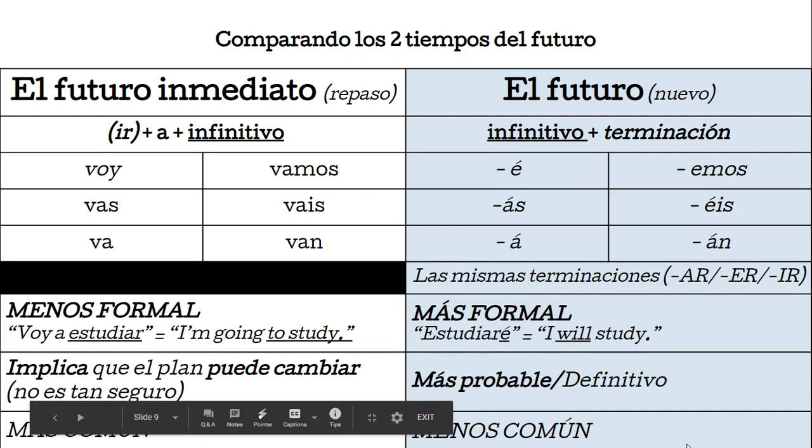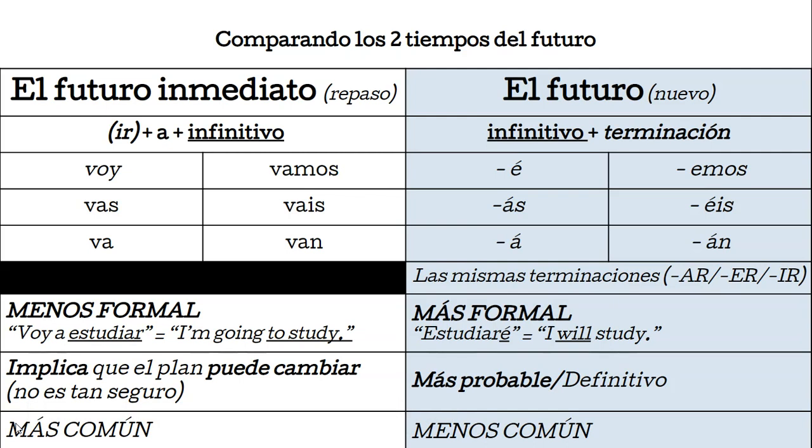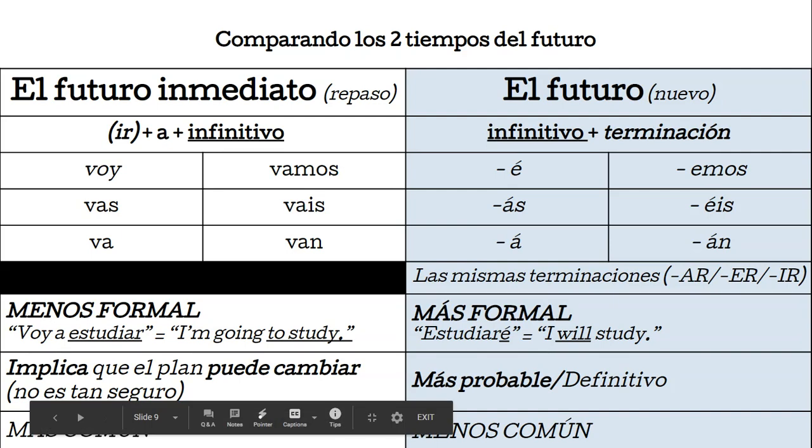The future is a little bit less common, but it's definitely still common. But if you hear the voy a comer, that is much more common. But again, both are absolutely used. The intent difference is simply that with the immediate future, ir plus a plus infinitive, maybe things are going to change. You don't know. But with the future, it will happen. It is a guarantee. So make sure you get these things copied down onto your sheet.